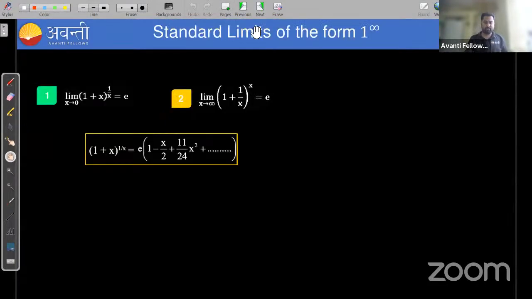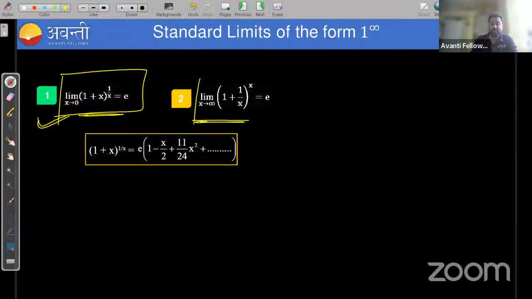This is the solution. Okay, now standard limits, you can use these limits also. When x tends to 0, (1 + x)^(1/x) gives you e. And also, when x tends to infinity, (1 + 1/x)^x is equal to e. These are two standard limits you need to remember.